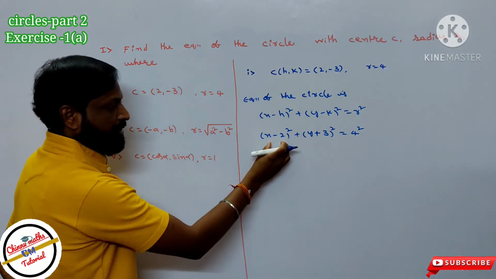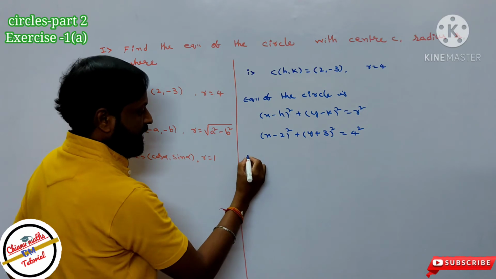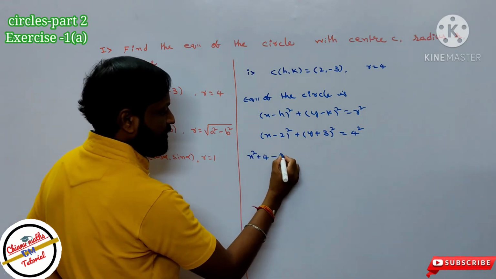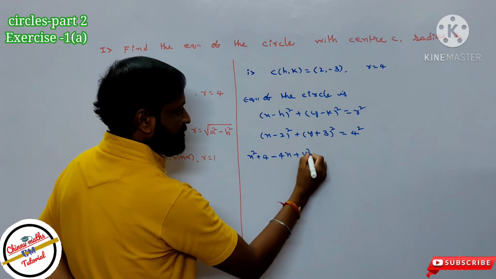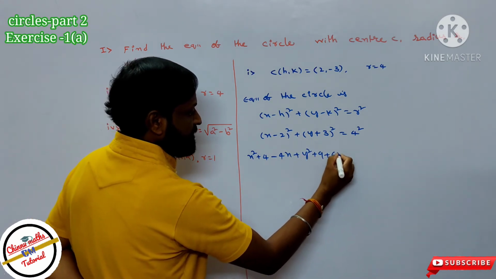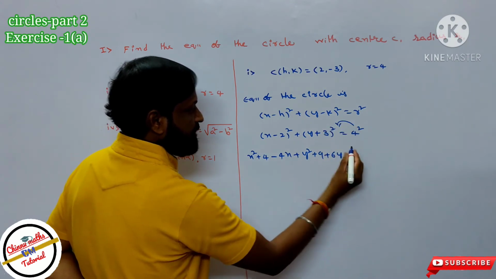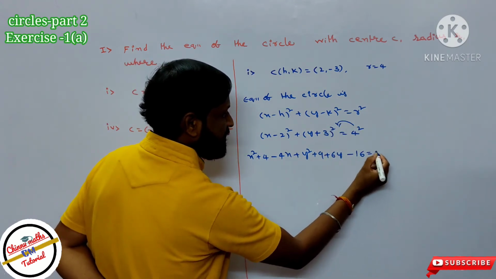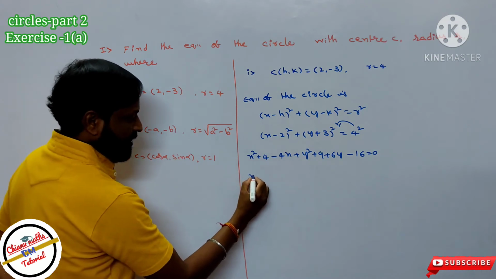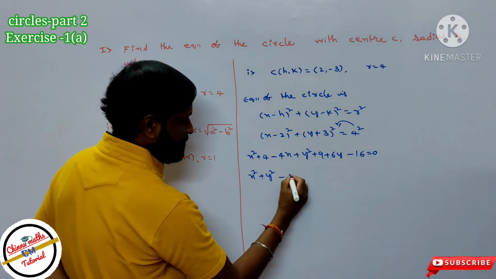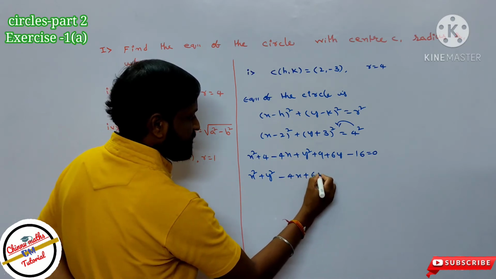It is in the form of (a minus b) whole square, and (a plus b) whole square. So x square plus 4 minus 2 into 2 into x, that is minus 4x, y square plus 9 plus 6y, and 4 square means 16. So the equation becomes minus 16 equal to 0. Write first the x square, y square, after that the x terms: minus 4x plus 6y.